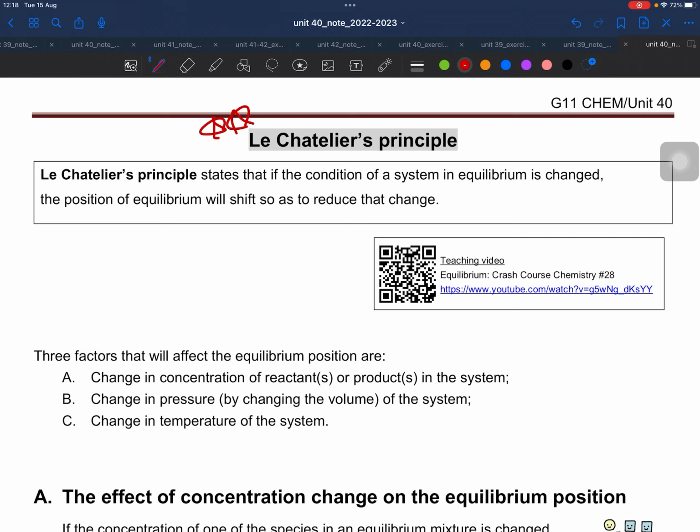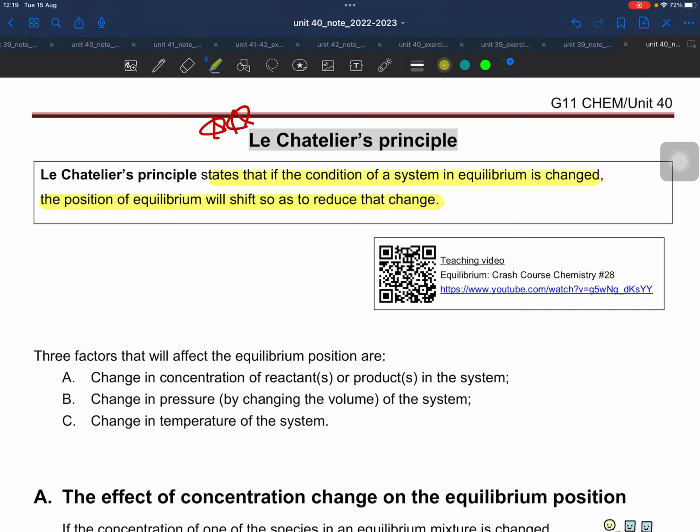This is called Le Chatelier's principle. Luckily, it seldom requires students to spell his name. What Le Chatelier's principle mentions is that if the conditions of the system change, the position of equilibrium will do everything possible to oppose the change.